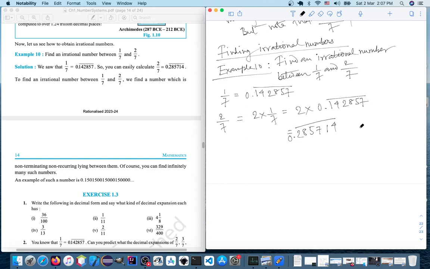Now we found that 1 by 7 is this and 2 by 7 is this.